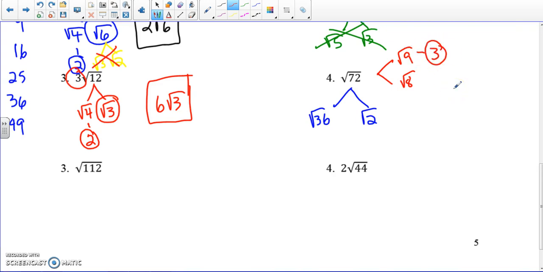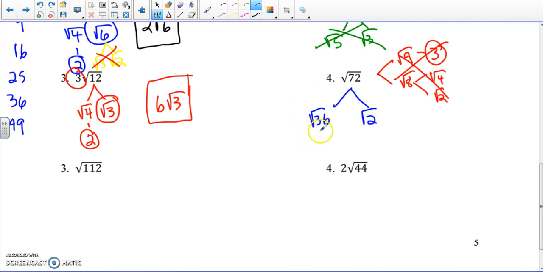And that's a great perfect square. But the problem with that is that 8 you can still break down a little bit further. All right, you can break that 8 down into another perfect square, 4 and 2. So you have to do an additional step there. All right, that's the whole reason we look for the biggest possible perfect square.